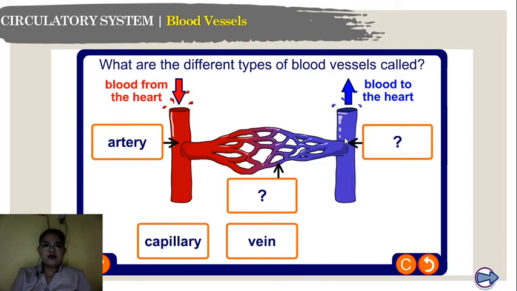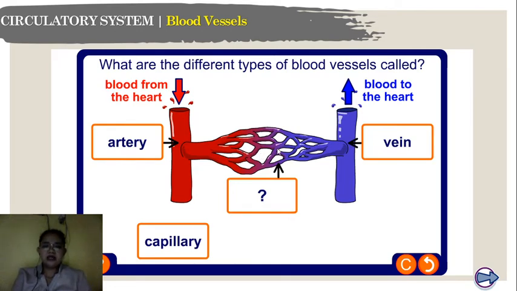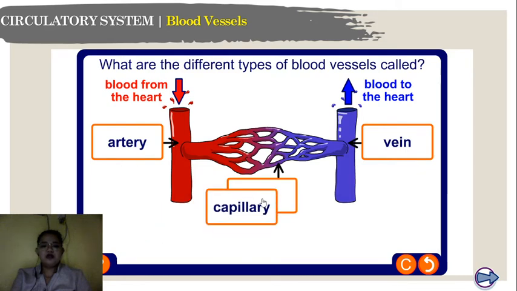Kumolekta muna siya ng mga waste materials, parang garbage truck, yung truck ng basura. Okay, so sila yung kumukuha nun. Dahil papunta sa puso ito, this one is known as your vein. And then, since ito yung connection ng artery at ng vein, at ito yung pinakamanipis sa kanilang dalawa, this one is what we call capillaries.